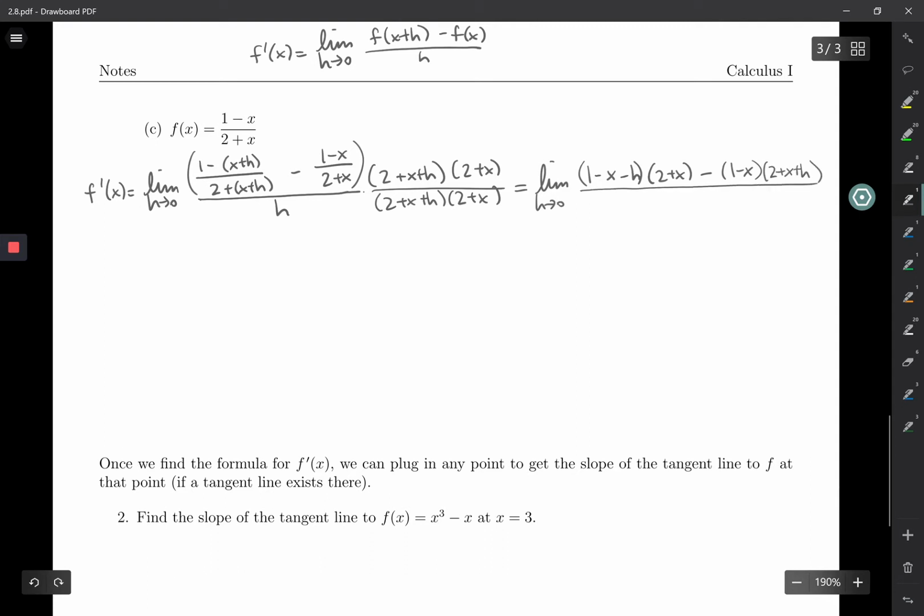And this whole thing over h. Oh, I forgot my stuff in the denominator. So it will be h times 2 plus x plus h times 2 plus x. There we go. So that will be the limit that we want to take the limit of.